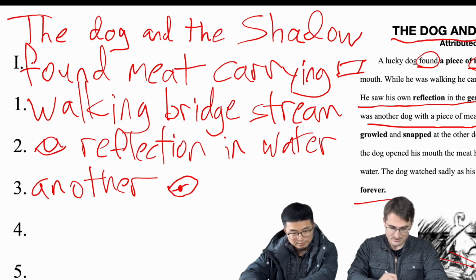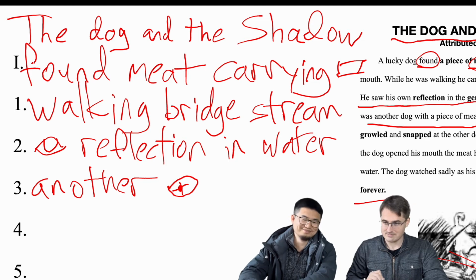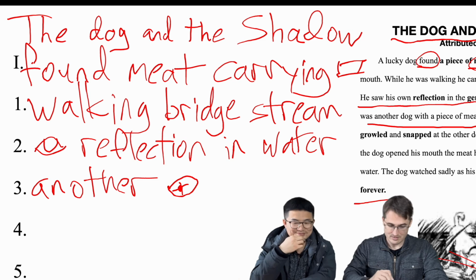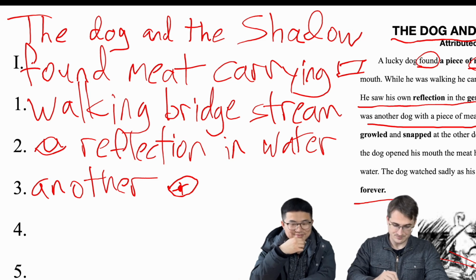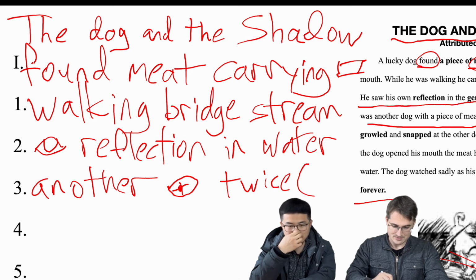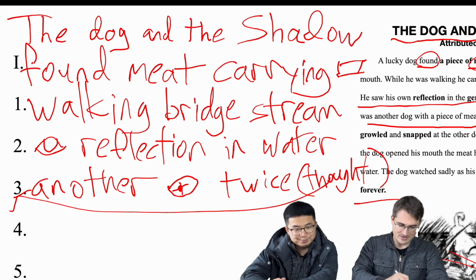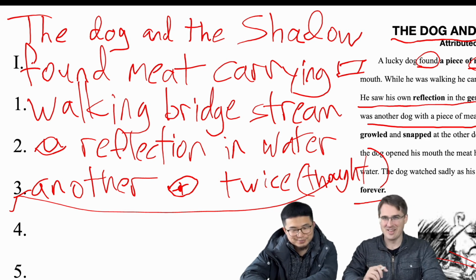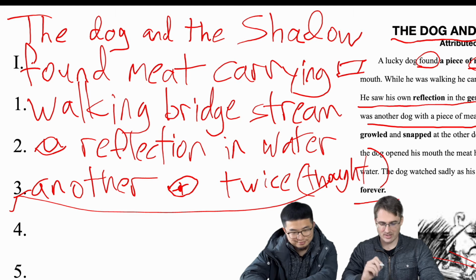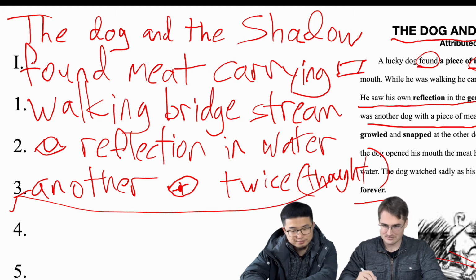Drawing meat. Very good. Thought, another, draw meat, and twice. I can't erase yet, so I'm just going to write thought here. The thought goes at the beginning, so I'm going to draw an arrow. Thought another dog had a piece of meat twice as big as his own.